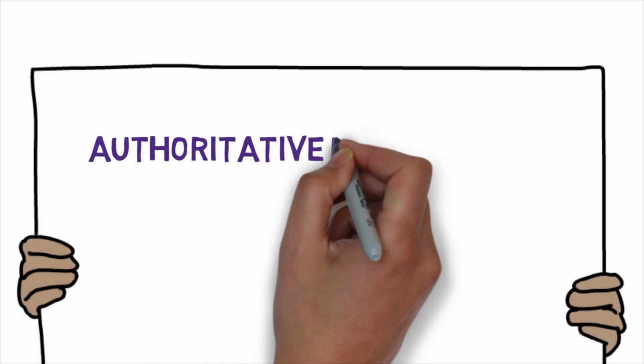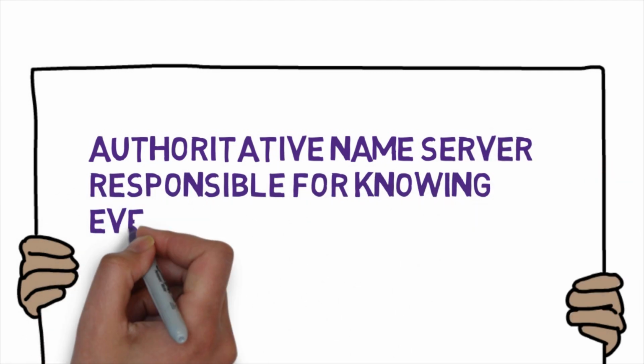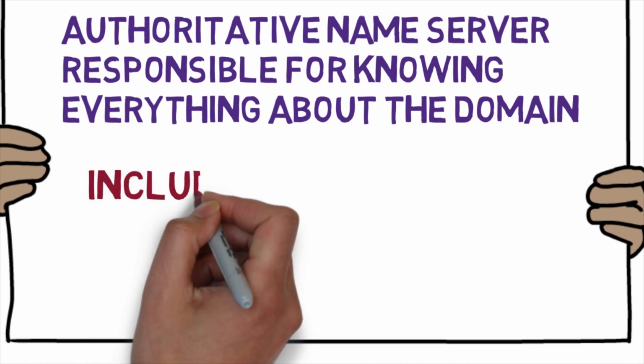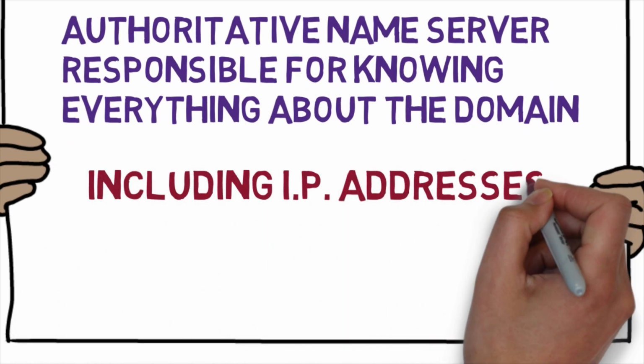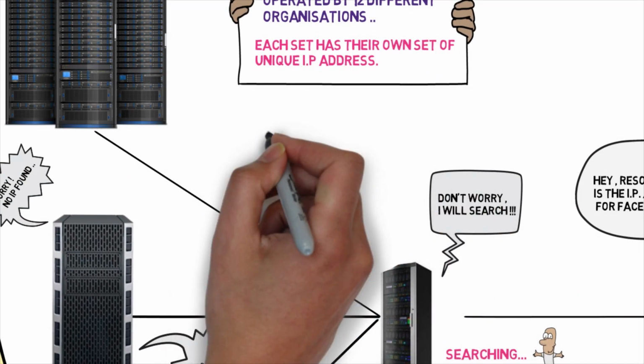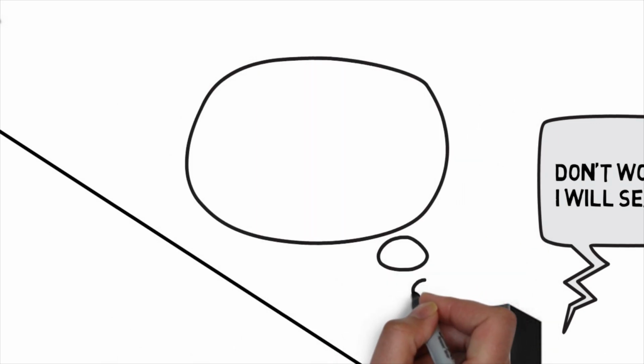This authoritative name server is responsible for knowing everything about the domain, including IP addresses. Once again, the resolver will ask the authoritative name server for the IP address for facebook.com.